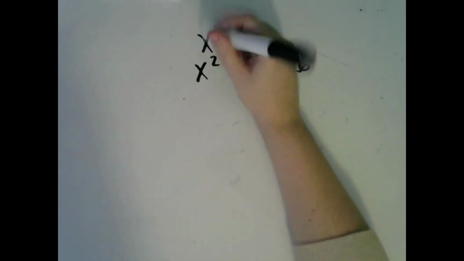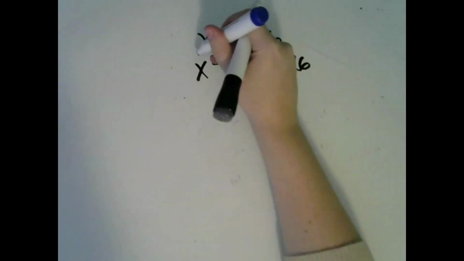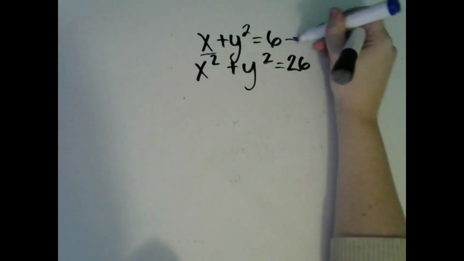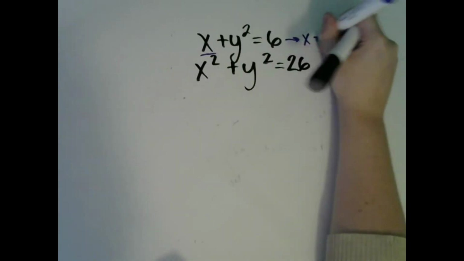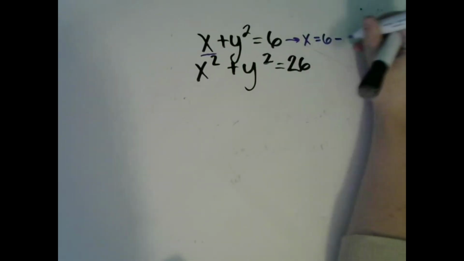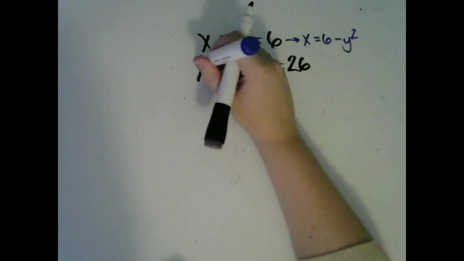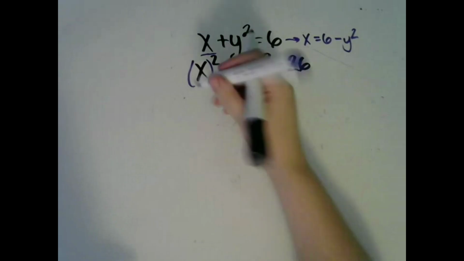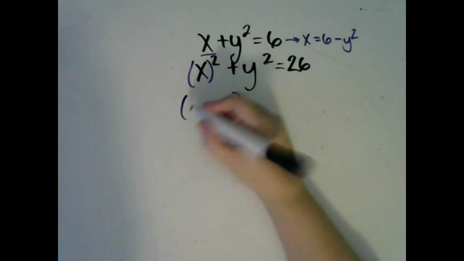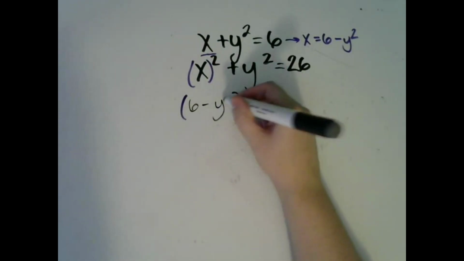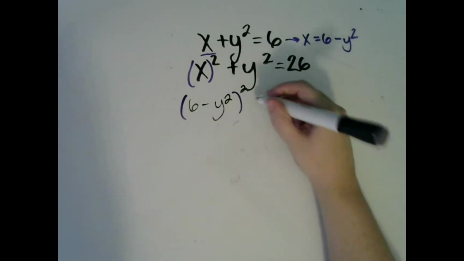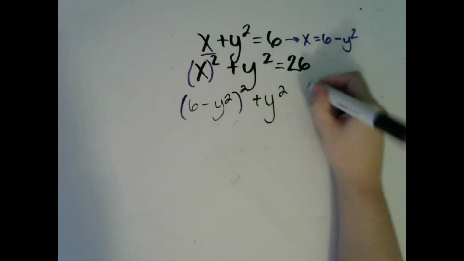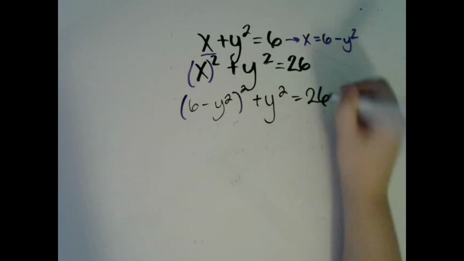So here, I have an x that's almost by itself, and I can rewrite it as x equals 6 minus y squared. And then I can substitute that in for x into the other equation. And so I'm left with 6 minus y squared plus y squared equals 26.